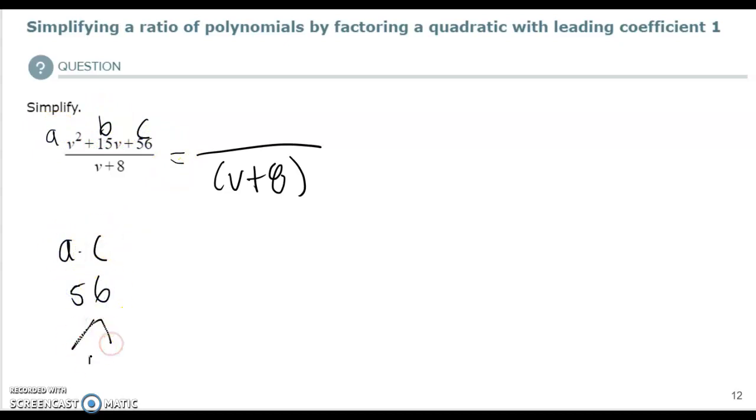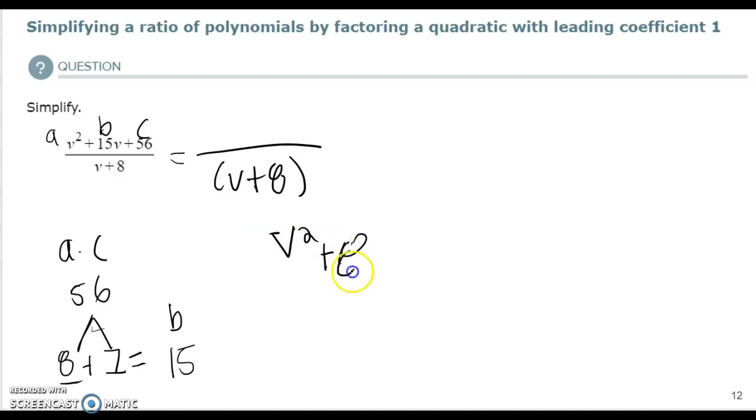I need two numbers that multiply to 56 but add to my b of 15. I see that 8 and 7 multiply to 56 and add to 15. So I do v squared plus 7v plus 8v.